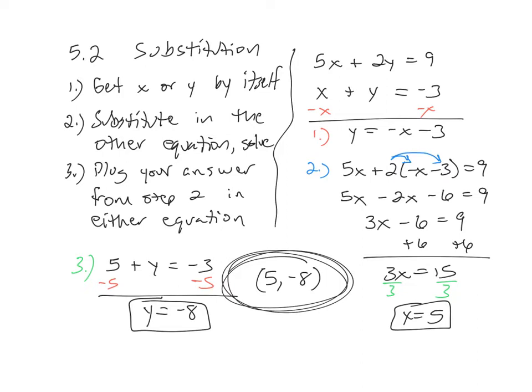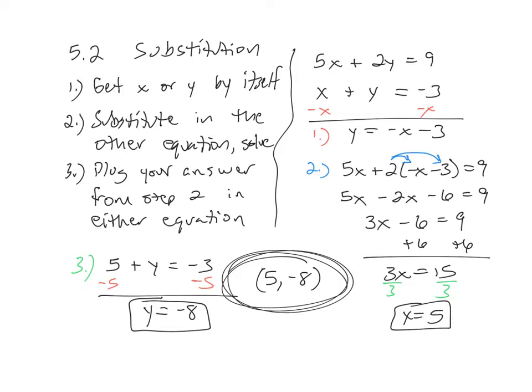I'm sure on some of the problems, it'll already be y equal or it'll already be x equal for you. And then the other ones, if you see just an x or just a y in the problem, that's what you want to solve for. Okay? The directions will say solve using whatever method you want.